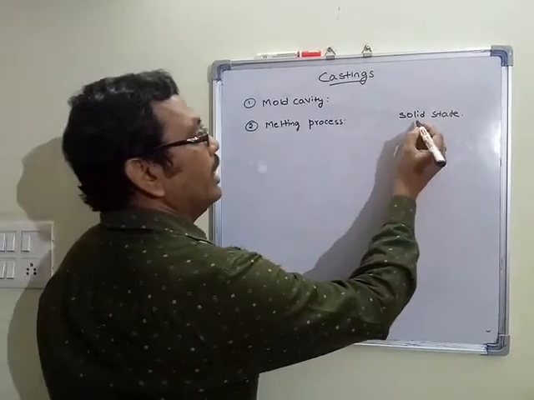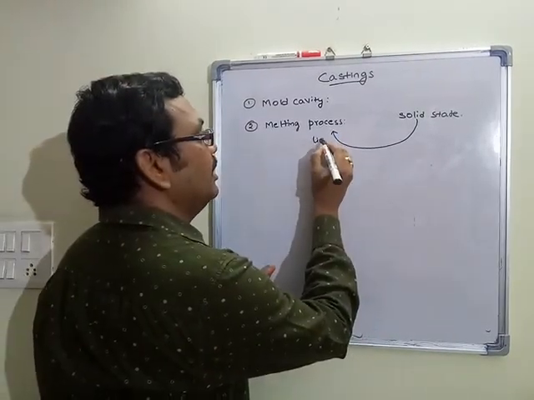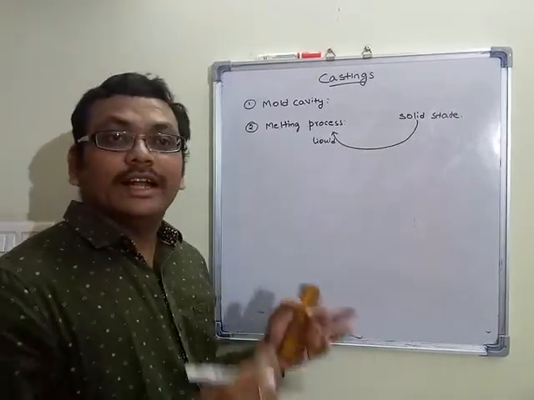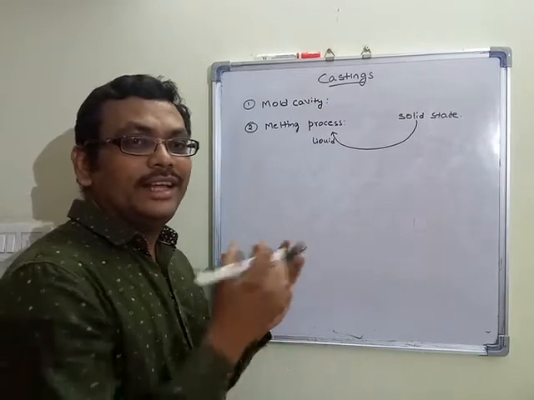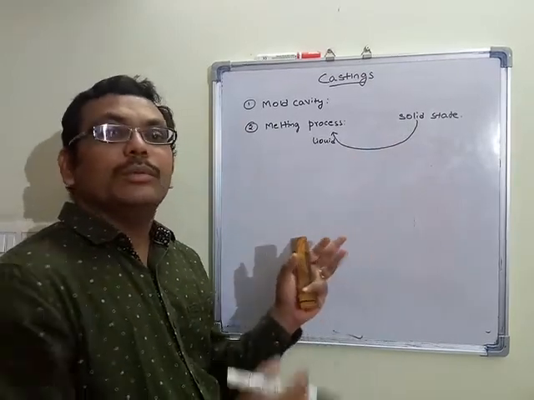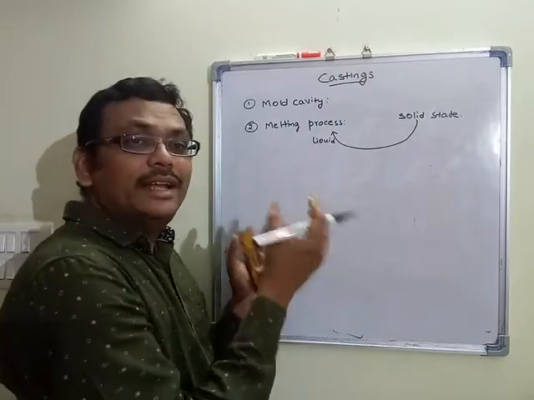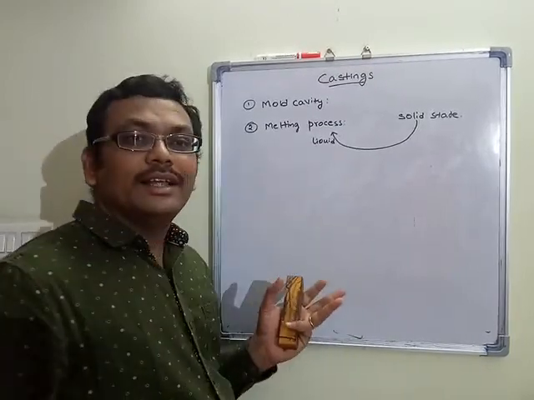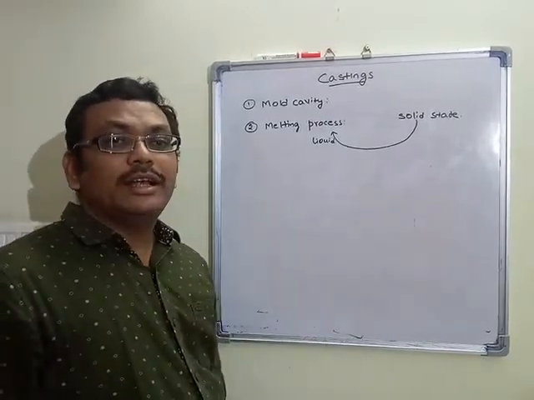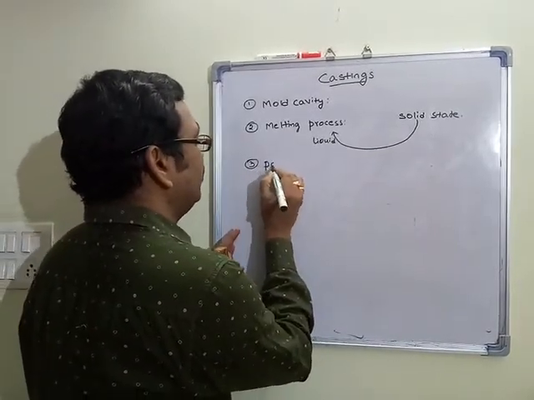So we have to convert this solid state into liquid state. For this we use different heating techniques. Based on the material properties, we have to heat that material and bring it to the liquid state. So this is called a melting process.